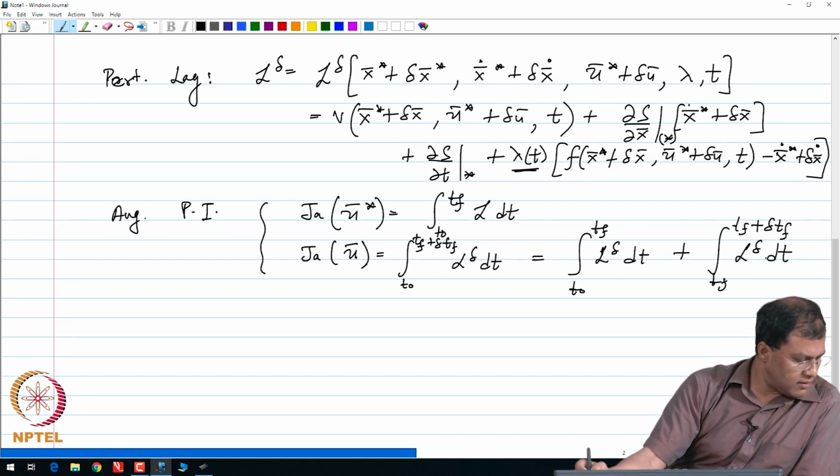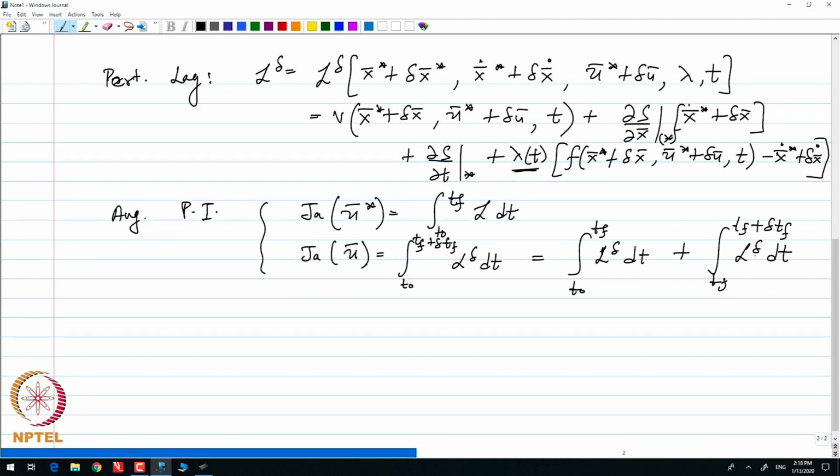And what we have is that, now notice that in this particular second integral, the range of integration is very small, namely delta Tf. So, we assume that in this small interval of integration, in this integral, let me call this as A, I can write down the perturbed value of the Lagrangian at its optimal value.